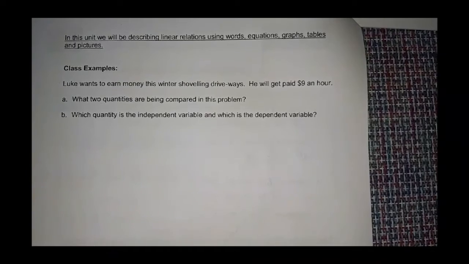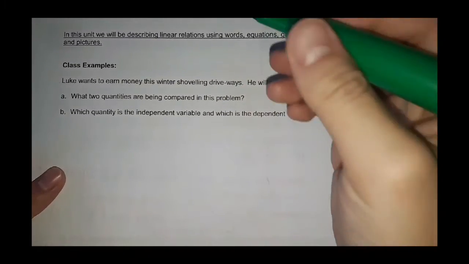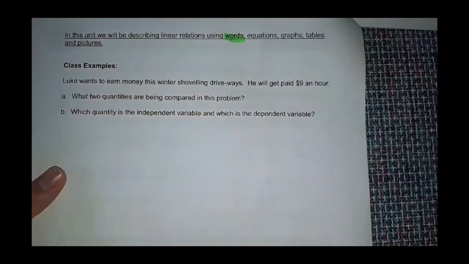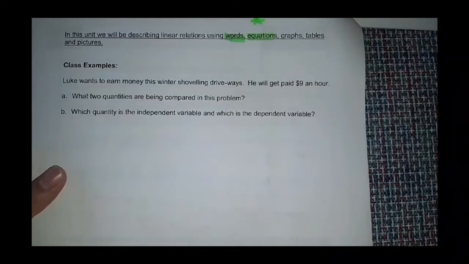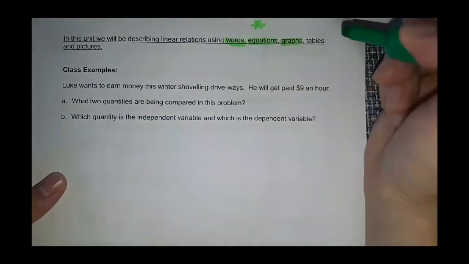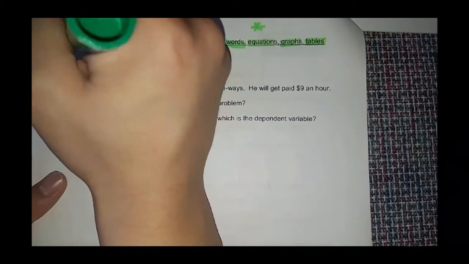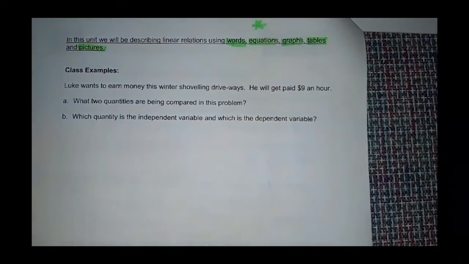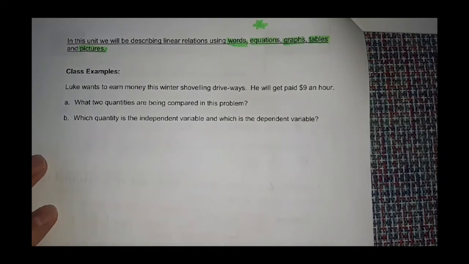We're gonna describe patterns, linear relationships, using sometimes sentences, sometimes equations that play such a huge role, sometimes graphs, obviously linear graphs, tables, and pictures, like diagrams, if you use or remember geometry a little bit. So let's do this class example.